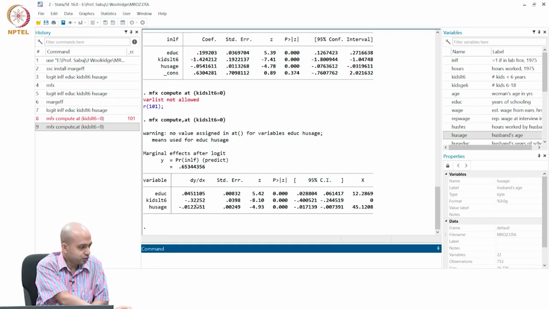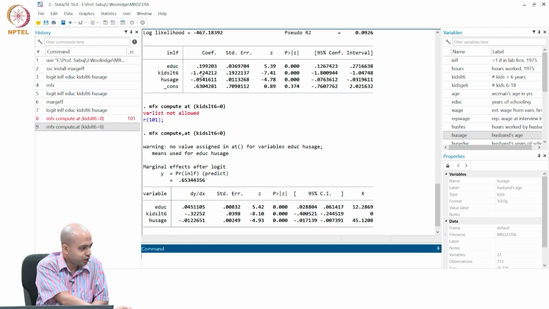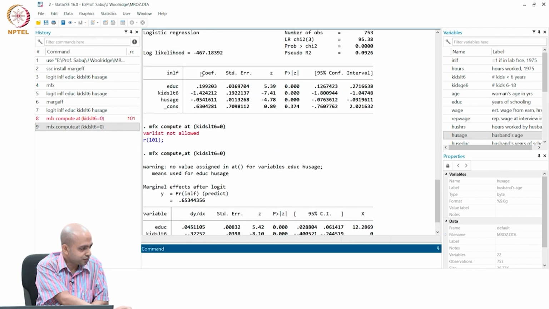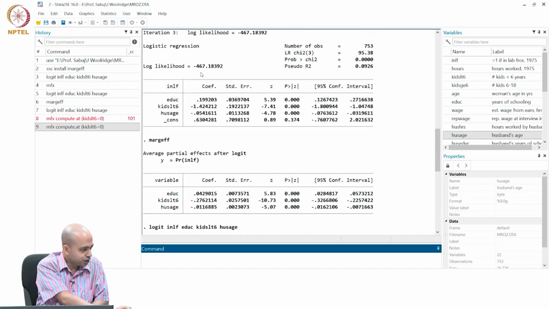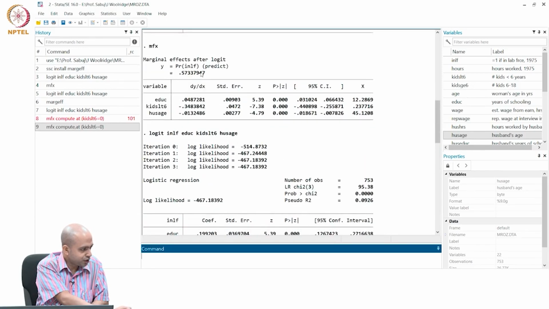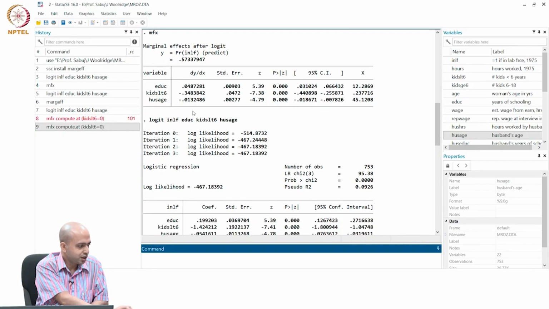So, from this model, once again you just see, this is your original model, this is the margeff command and this is mfx. So, there is a slight change in probability when you specify x equals to 0, right. When x is the average, this is 0.3483.